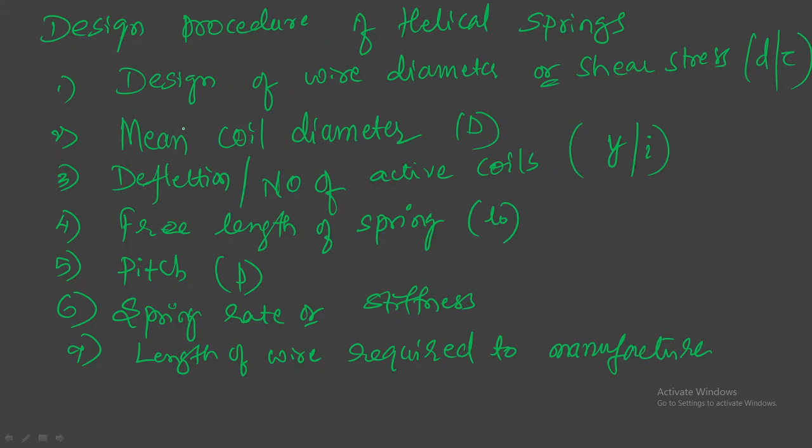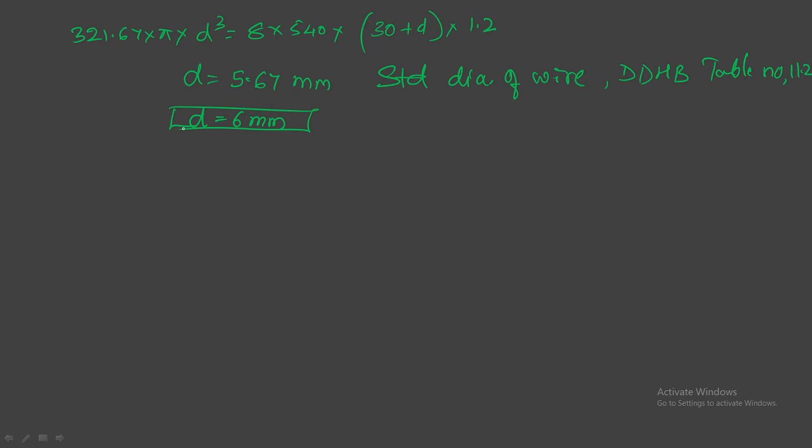Now what is the second step? You need to find out the mean coil diameter. So mean coil diameter, capital D, equal to 30 plus 6, that is 36 mm. Now you can calculate C here. C equal to capital D by small d, this is 36 divided by 6, that is 6.